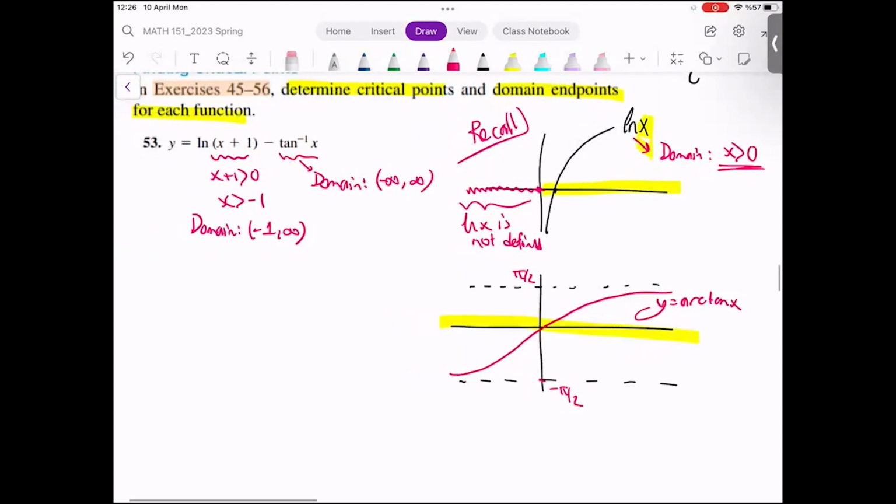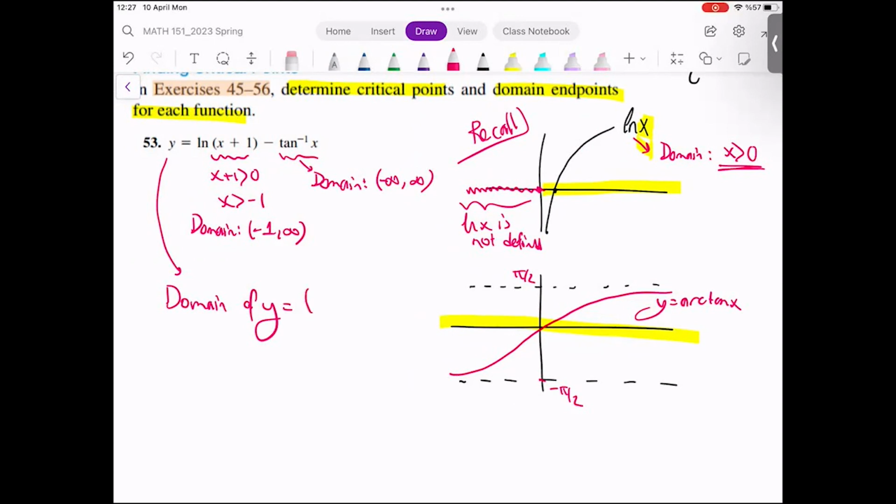Now we will deal with the domain of y. y consists of two functions, right? The ln part and the arctangent part. Now we know the domains of both of them separately, but since y uses both, it has to choose the x values for which both ln and arctangent are defined.